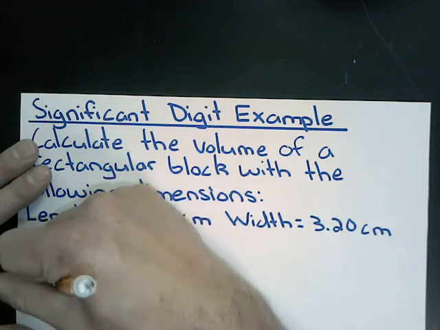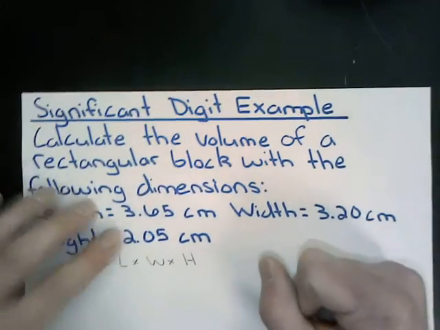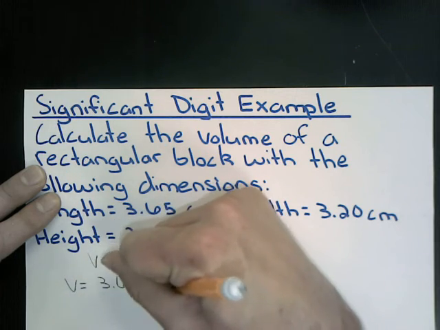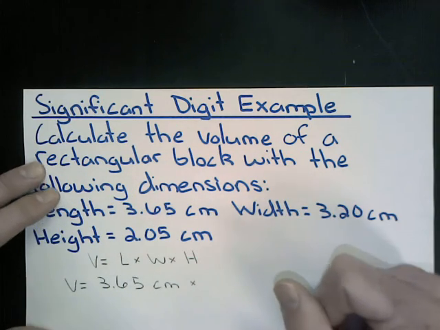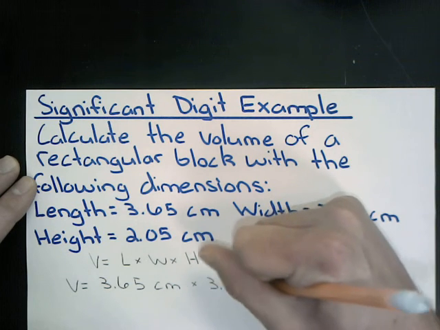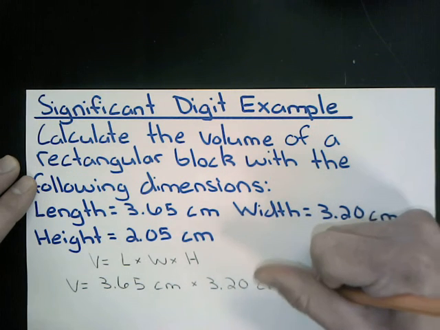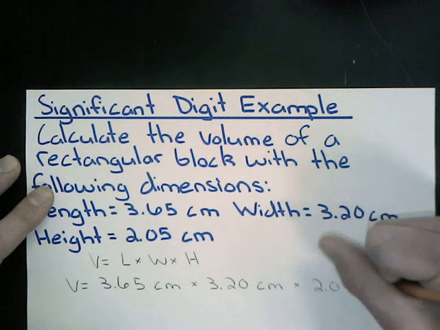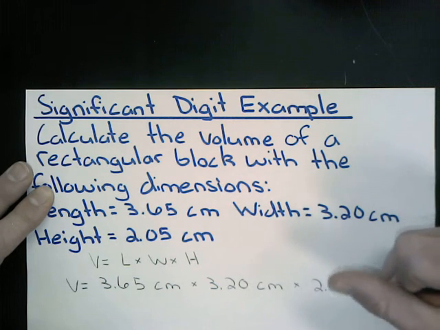So our volume in this case would be our length of 3.65 centimeters times our width of 3.20 centimeters times our height, which is 2.05 centimeters.